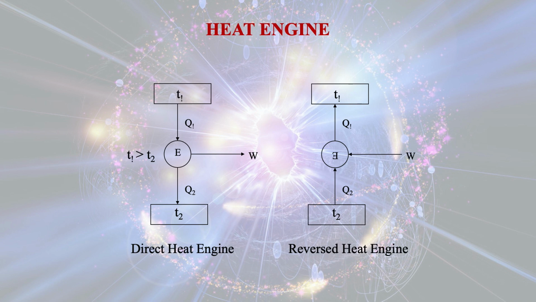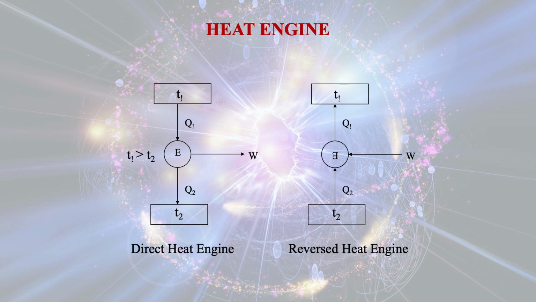Now, the reverse heat engine, purpose of this reverse heat engine is we have to take the heat from the low temperature reservoir and send it to the high temperature reservoir. But as per the Clausius statement, it is impossible for a device working in a thermodynamic cycle to transfer heat from a low temperature region to a high temperature region unless and until we do some work.